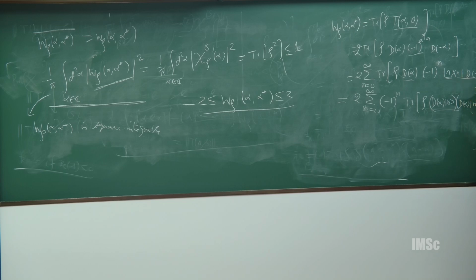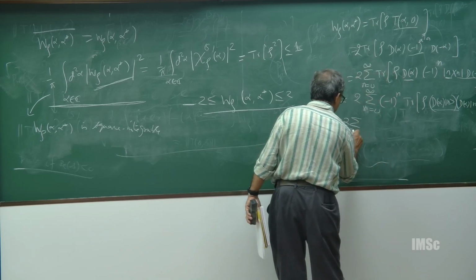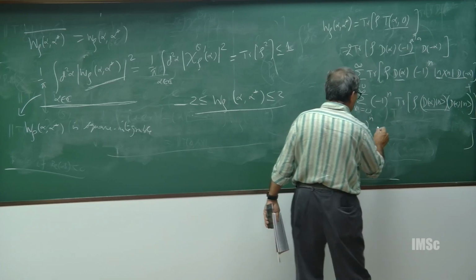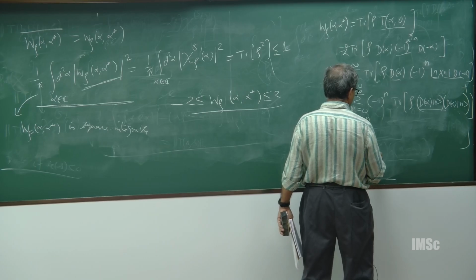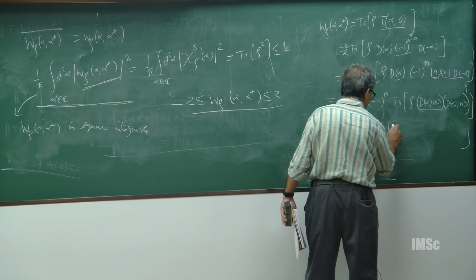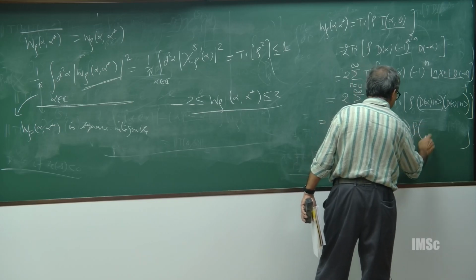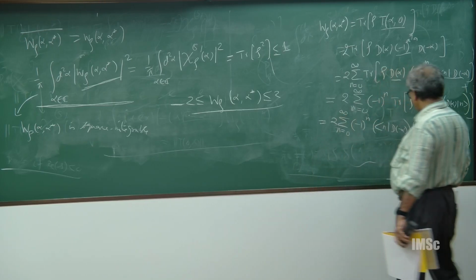So, this is what you will have. Okay. So, basically this is 2 sum over n from 0 to infinity of (-1)^n <n| D(-alpha) rho D(alpha) |n>. Is that clear?